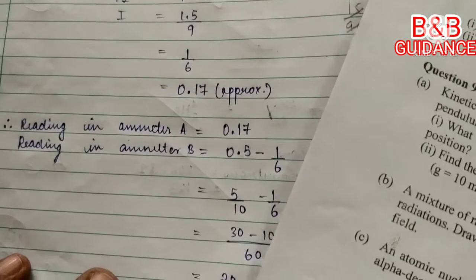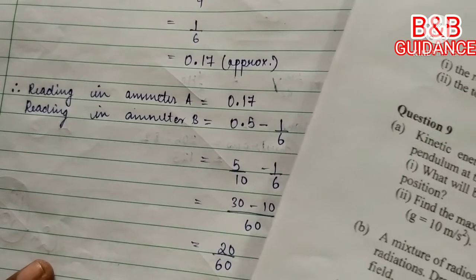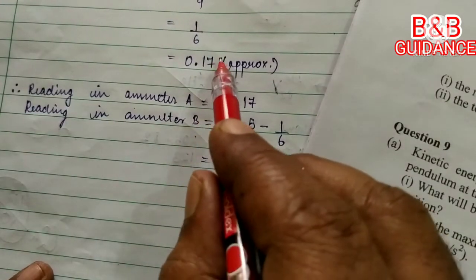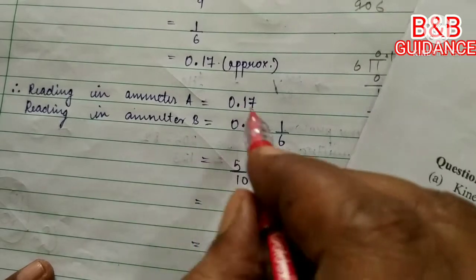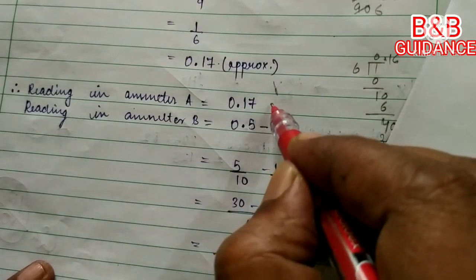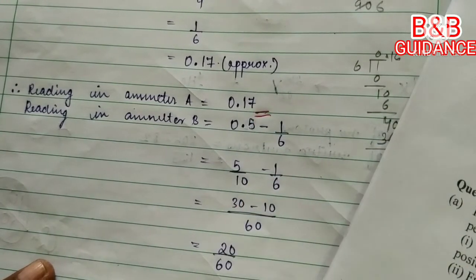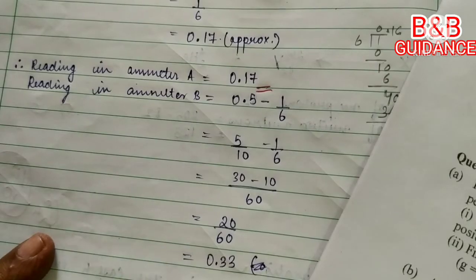And the value of I, that is the reading of ammeter A, is calculated, but the child has not written the unit, the unit is missing, so the mark cannot be awarded.